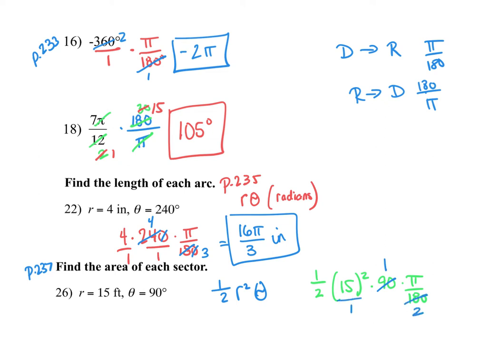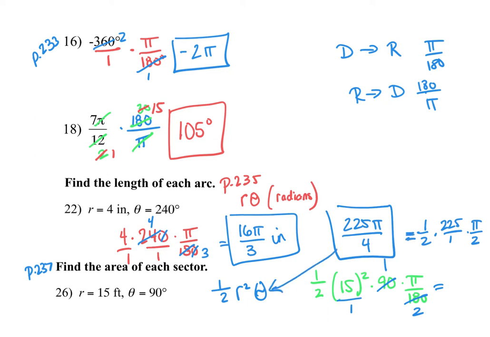You can put the 15 in. That's already a 1/2, so you already have a fraction there. So I have 1 on top, 2 on bottom. I have 225, that's 15 squared, over 1. And I have pi over 2. I don't think anything else reduces here, so you just multiply across. You get 225 pi on top and 4 on bottom. And that is your answer.